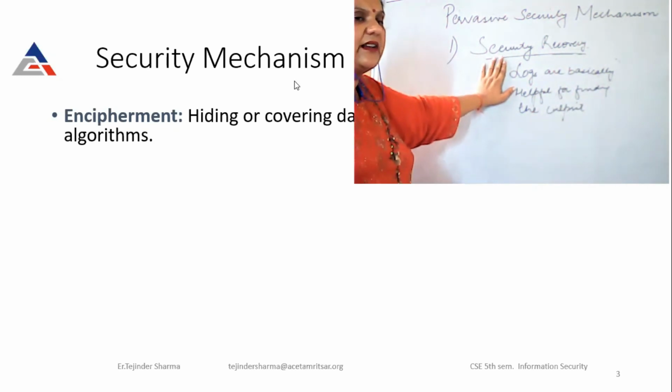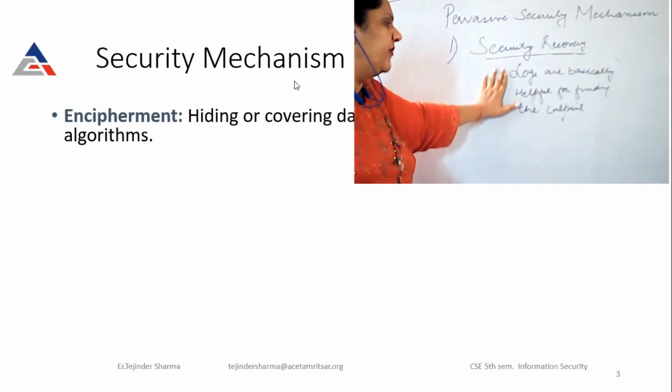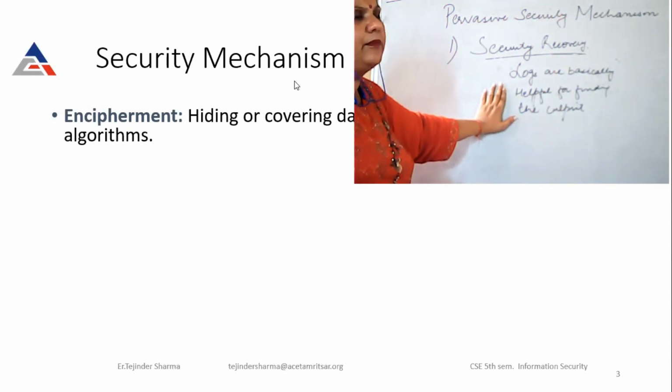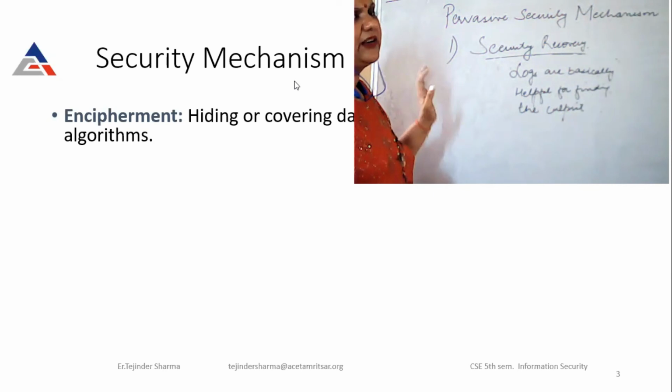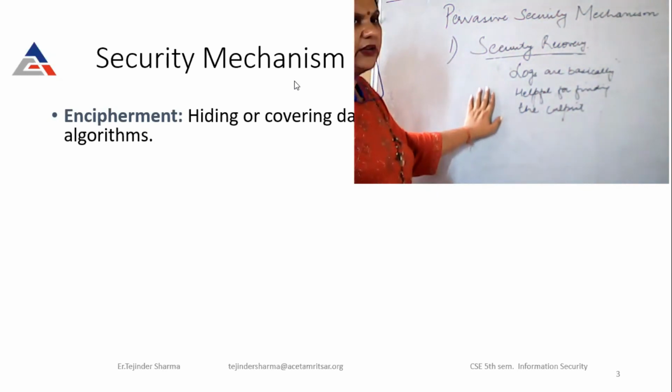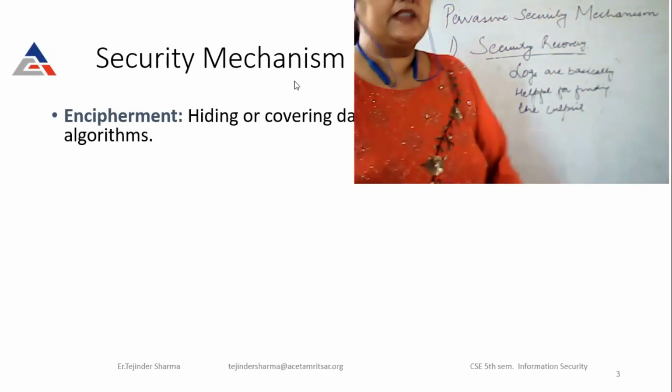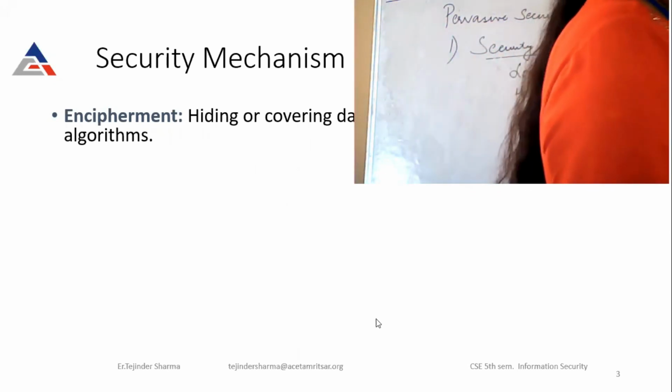The security mechanism will recover with the help of logs. Then we can bring the data to the previous state, before the collapse has happened, before any incident has happened. So this is your security recovery, and these are called the pervasive security mechanisms.